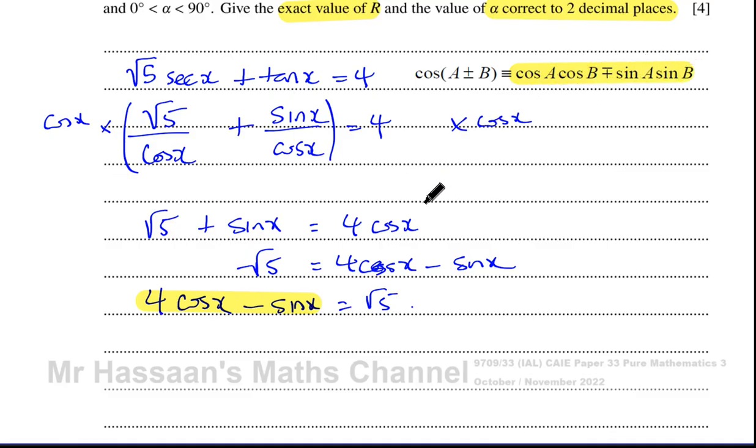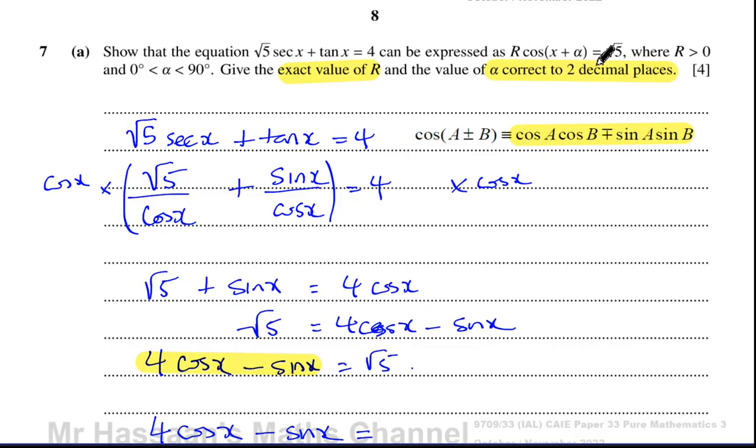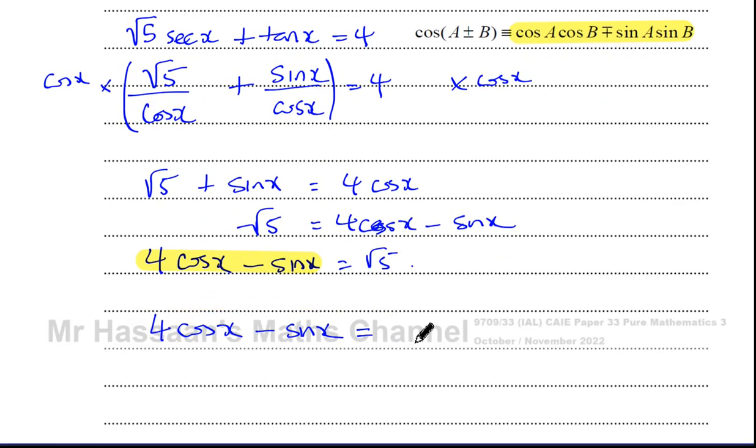Then I can deal with rewriting it in this form here. So what I'm going to do now is take that part here. I'm going to say that 4 cosine x minus sine x is equal to, we have to rewrite it in the form R cosine (x plus alpha), R times cosine in brackets x plus alpha.